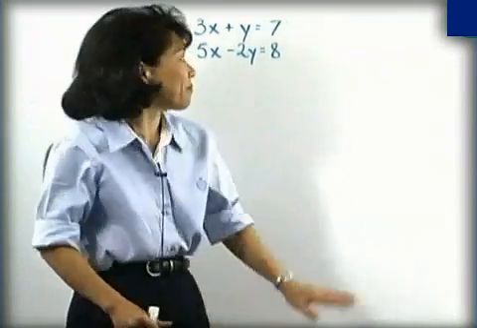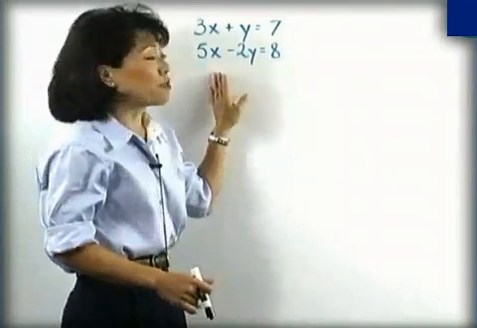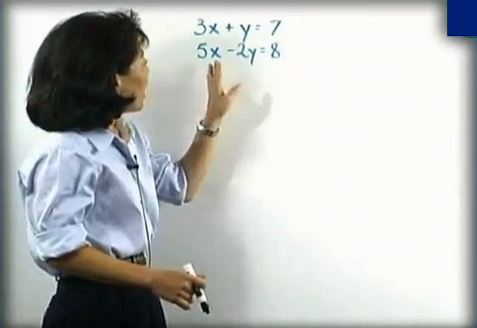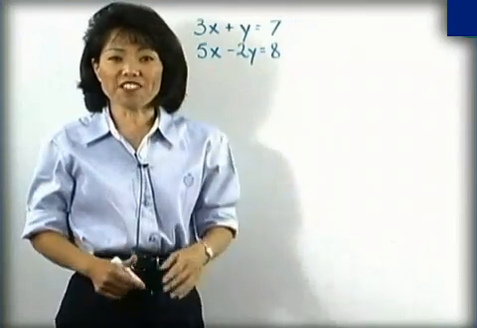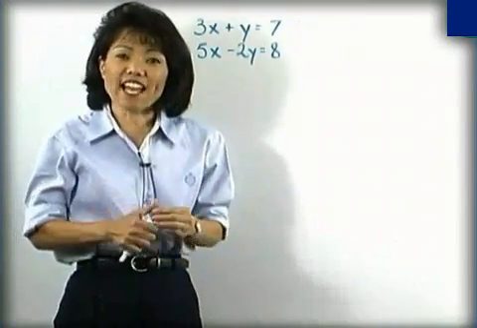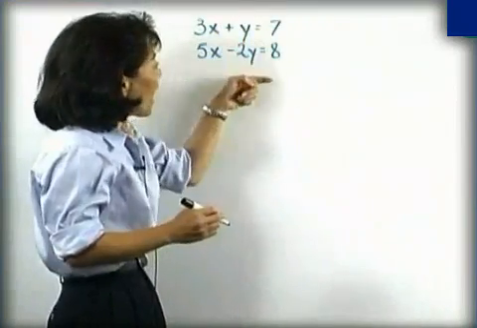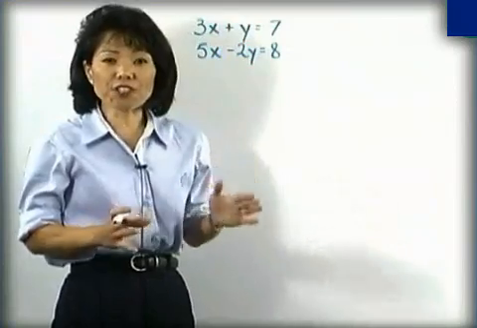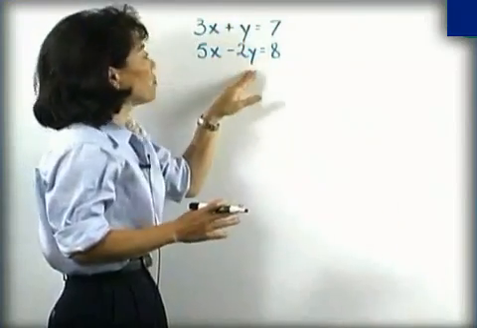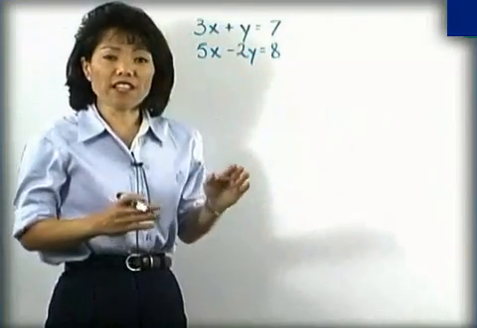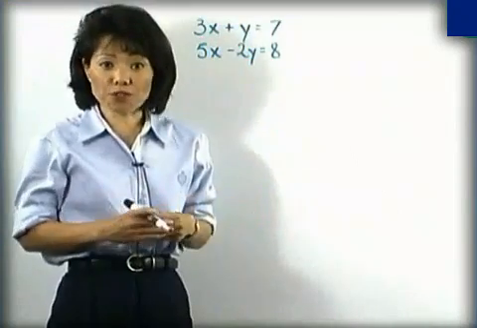Let's begin. In this system, we have 3x plus y equals 7, and 5x minus 2y is equal to 8. Now, in this addition method, what we're going to want to do is to simply add these equations vertically so that when we add them together, either the x's drop out or the y's drop out.